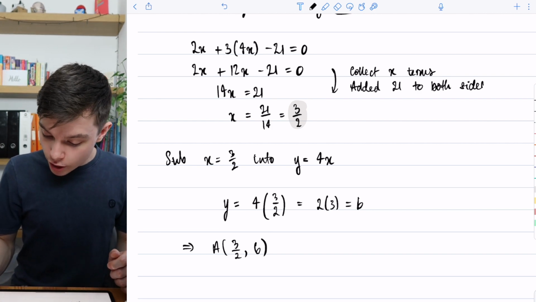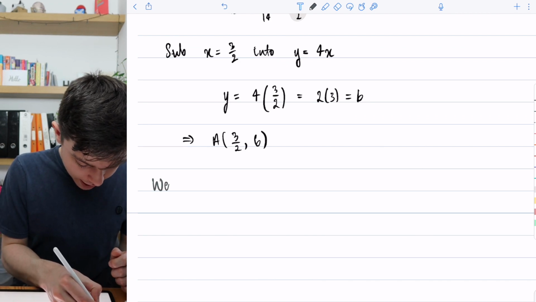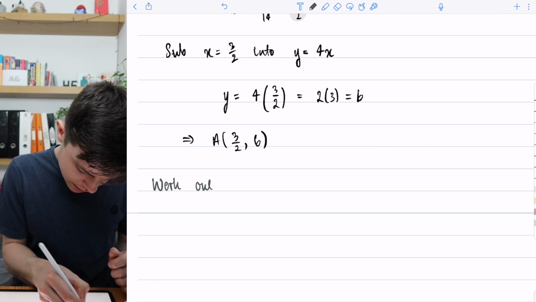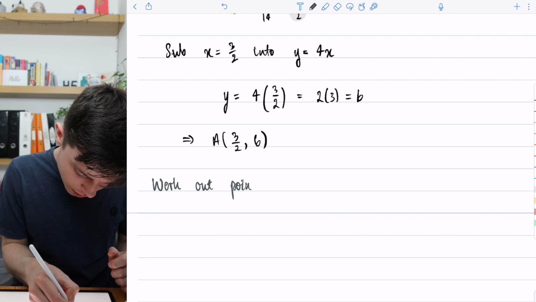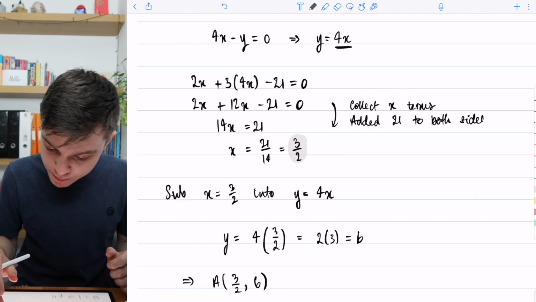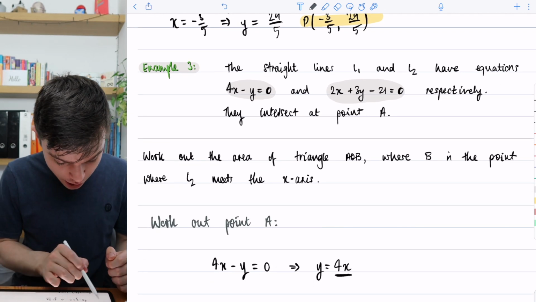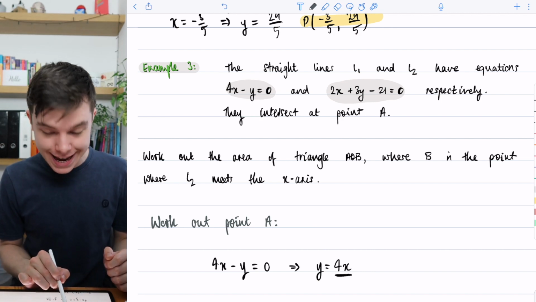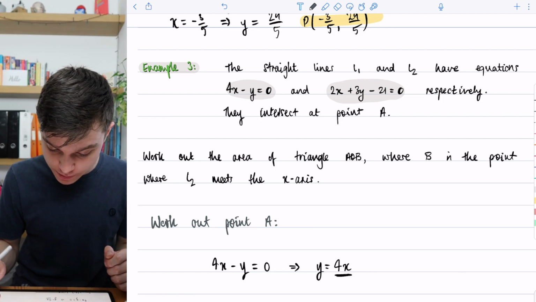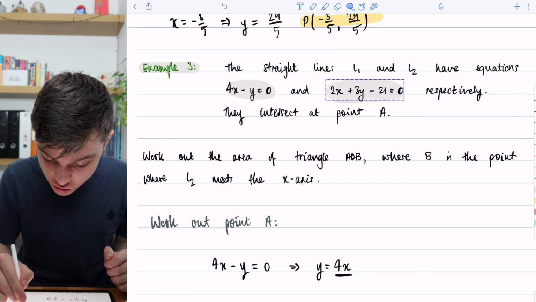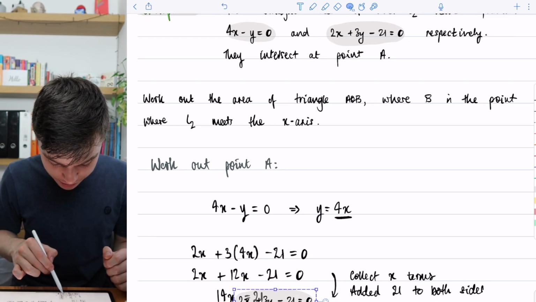Then let's work out the point B. Work out the coordinates of point B. Now we're told point B is where L2 meets the x-axis. I'm just going to duplicate this down here.